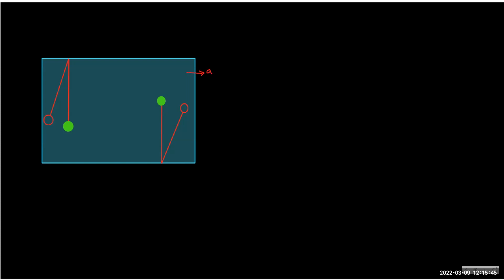If the vessel is accelerating towards right, then we know that the lighter one will go right, but the heavier will go left. And if rho is the density of liquid, d1 is the density of this one, and d2 is the density of this one, so we know that d1 is more than rho, and rho is more than d2.